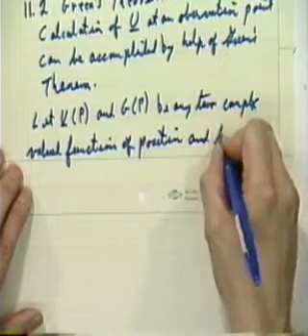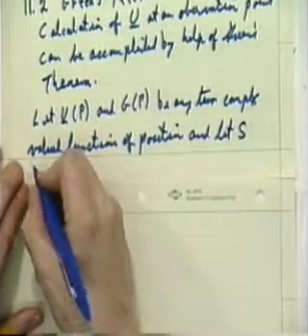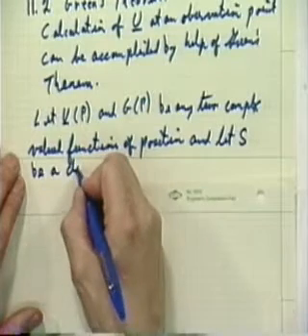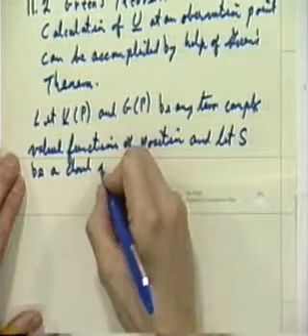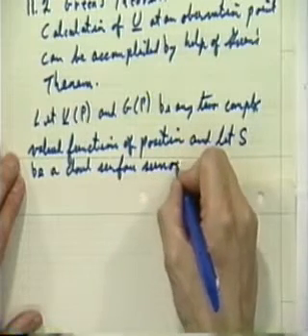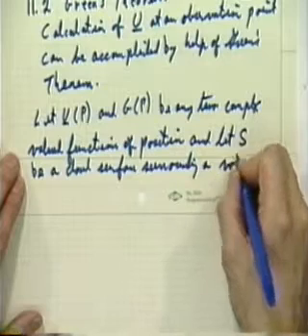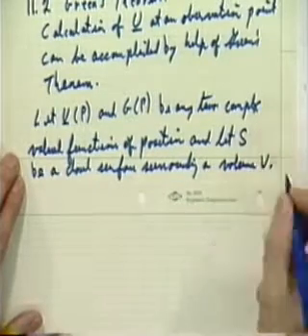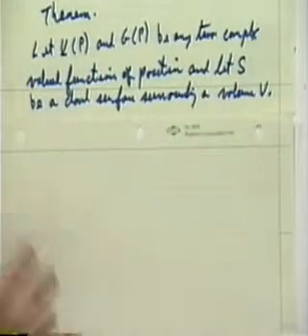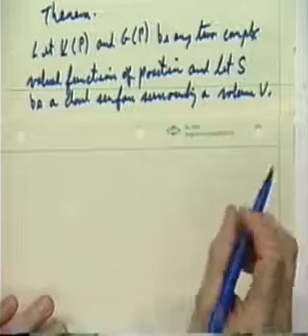And let S, we'll have a drawing here in a second, but let S be a closed surface surrounding a volume V. Okay. And again, you can get this straight out of Joe Goodman's book here.